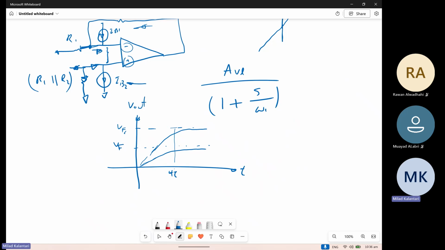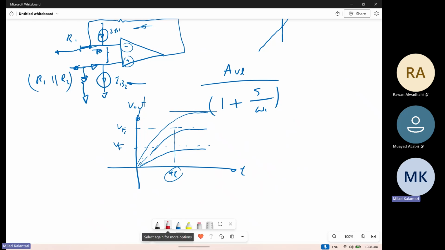So you expect this to continue. If you increase the input step size, then we expect this to shift, like the next level, let's say here. They are all reaching the final value almost close to 4 tau.